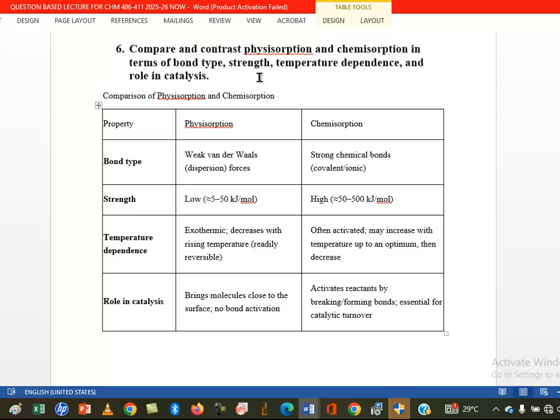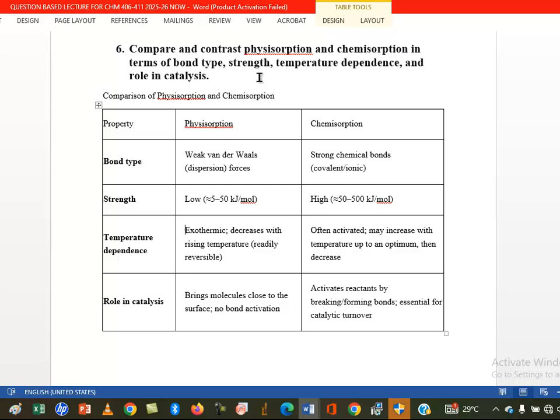So, to the question: the bond type for physisorption is weak van der Waals forces. For chemisorption, they are strong chemical bonds. The strength is low for physisorption, but high for chemisorption.